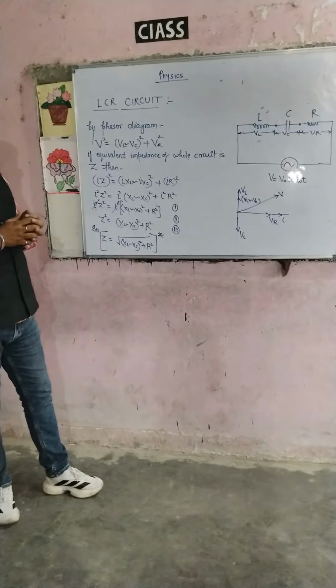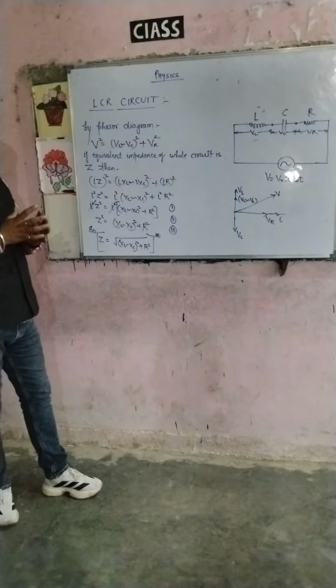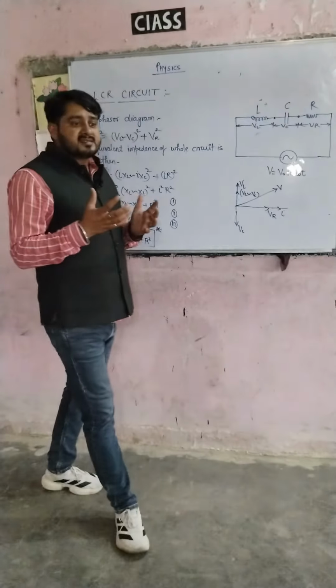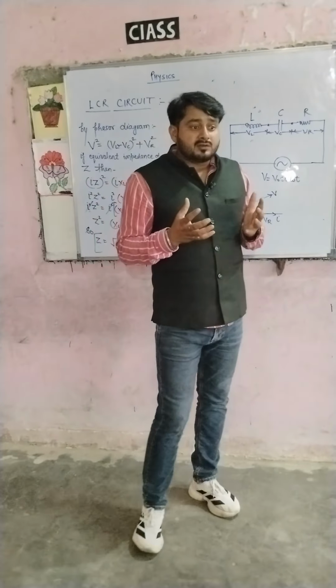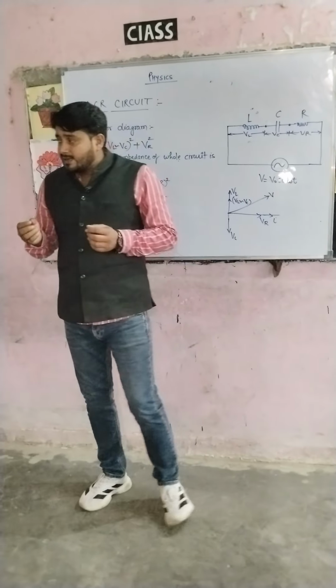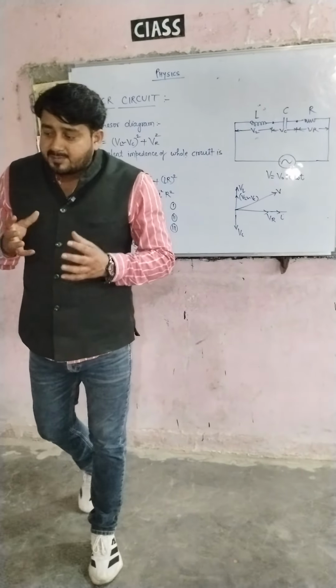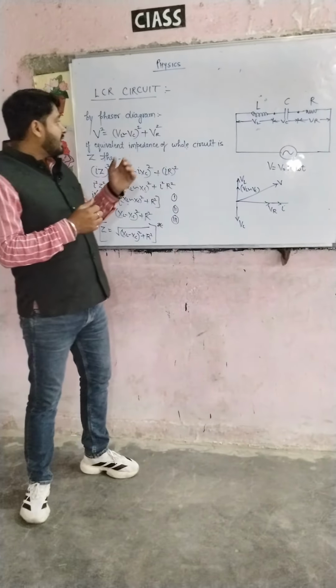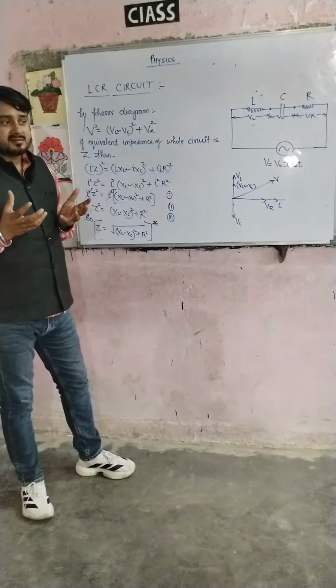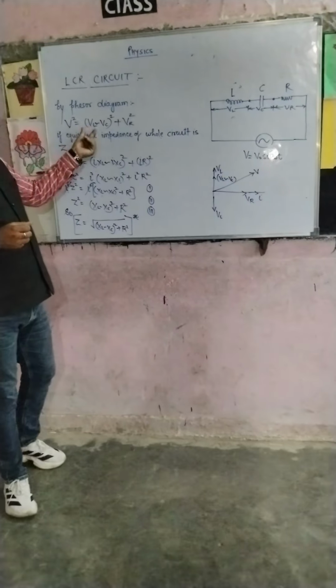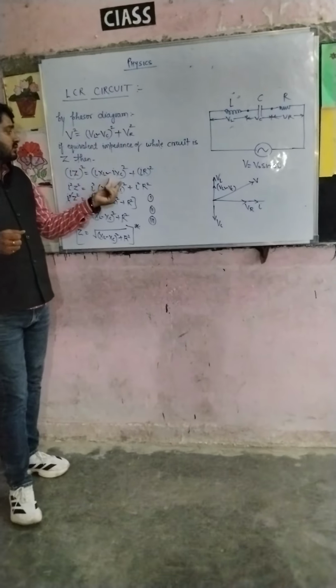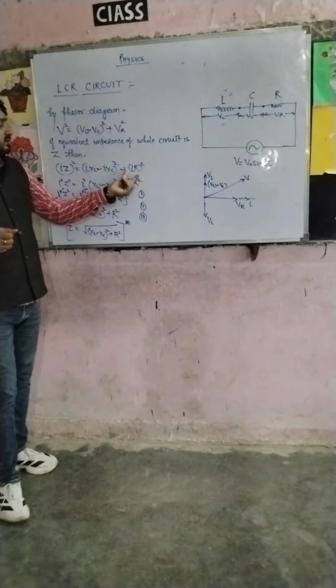But we know that VL is equal to IXL, where XL is the inductive reactance and XC is the capacitive reactance and R is the resistance. So VL is equal to IXL, VC is equal to IXC, VR is equal to IR.